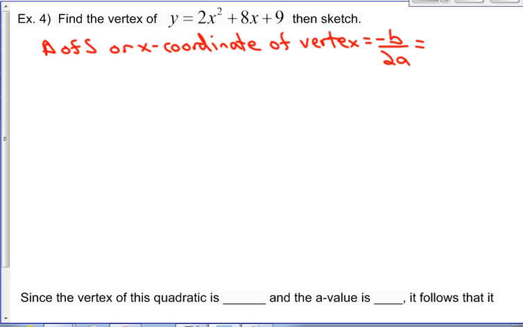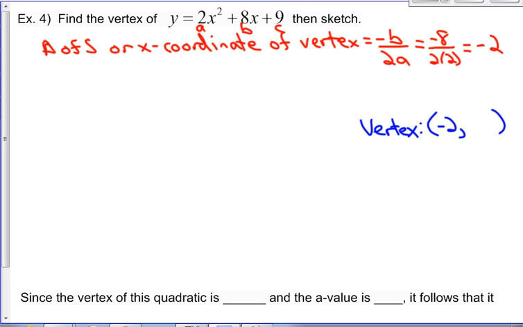Okay, this is our a. The coefficient 2 is our a. 8 is our b. 9 is our c. So we'd have negative 8 over 2 times 2. Okay, that gives us negative 8 over 4, or negative 2. So the vertex has an x-coordinate of negative 2.